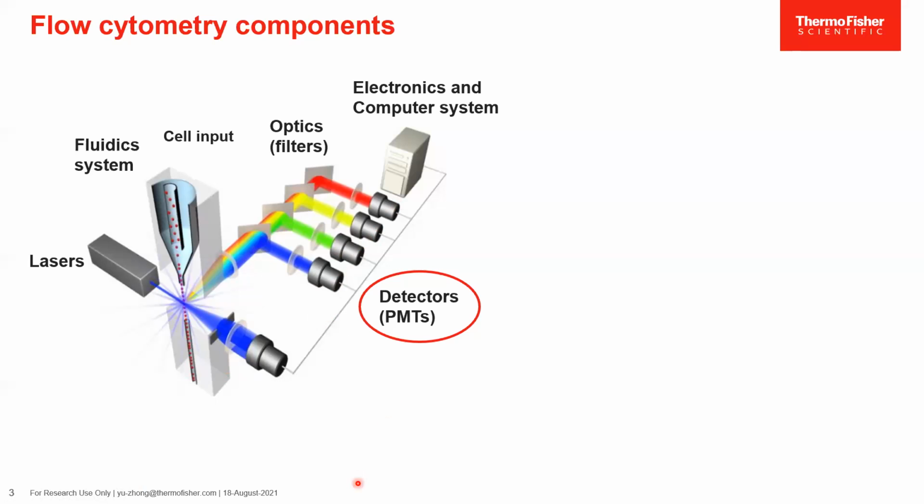Some instruments, of course, use APDs. We can discuss that later. A PMT detector captures the photons emitted by the excited fluorophores, either on the surface of cells or on particles. Of course, it also captures forward and side scatter signals, and converts them into a photocurrent, which is then processed by the electronic system.